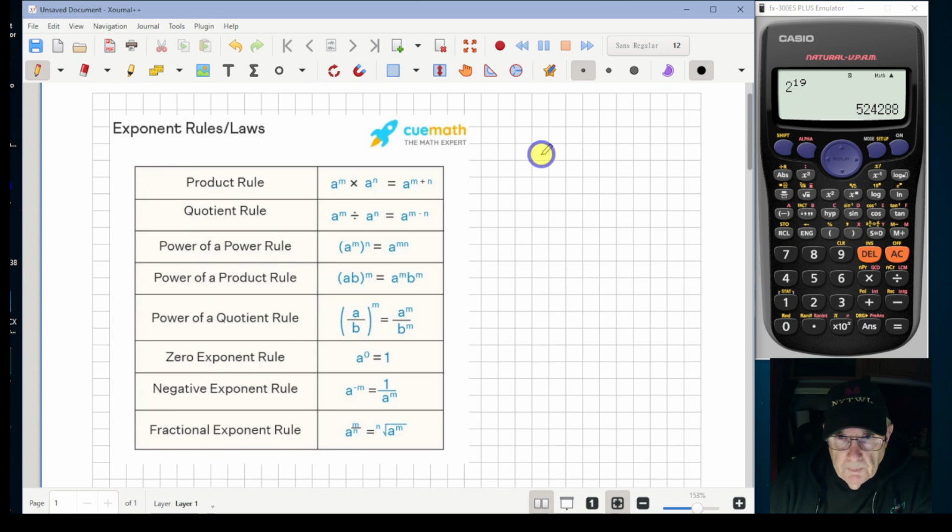So if I have x to the third power, we don't know what x is, and we're just writing expressions here, and I'm multiplying it times x to the fourth power, this is the same as x to the 3 plus 4, or 7th power. So when the bases are the same, the exponents add.